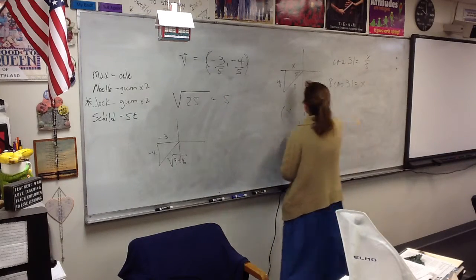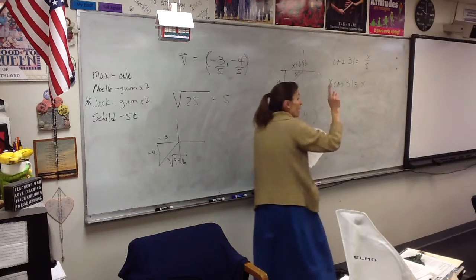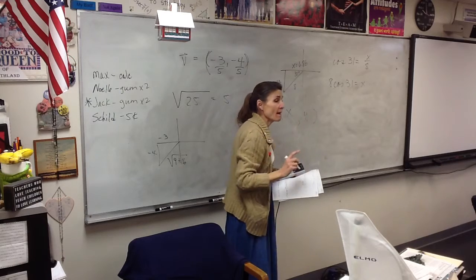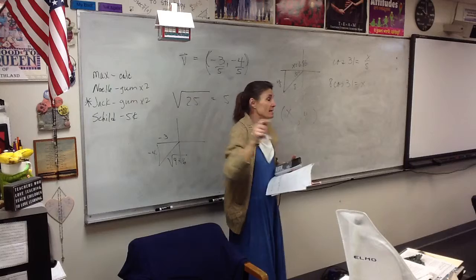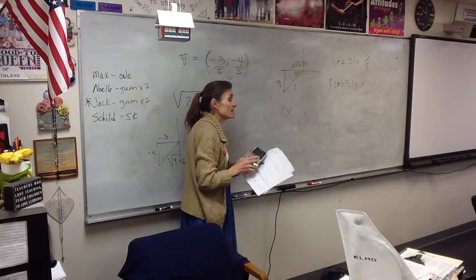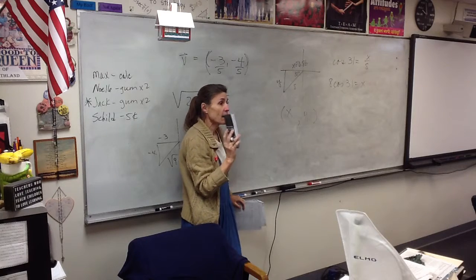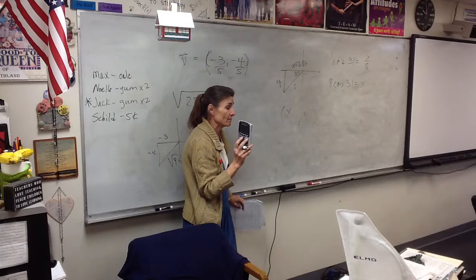And I got 6.86. However, what do I have to notice about that x being where it is? Negative. It's negative. Kids, the negative isn't going to come on the calculator. You are going to have to figure that out.